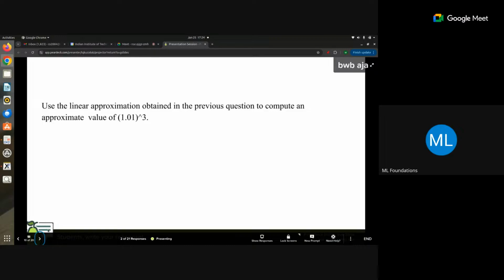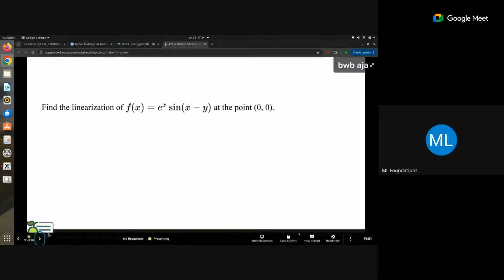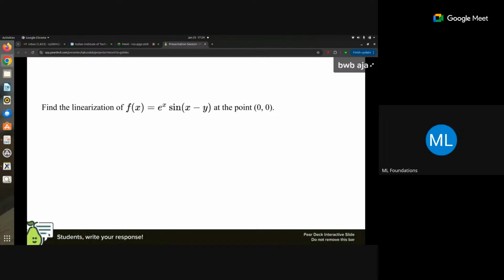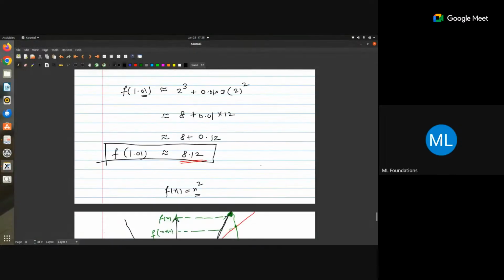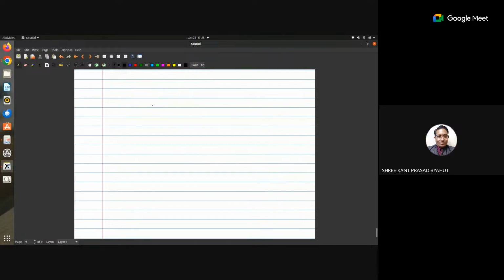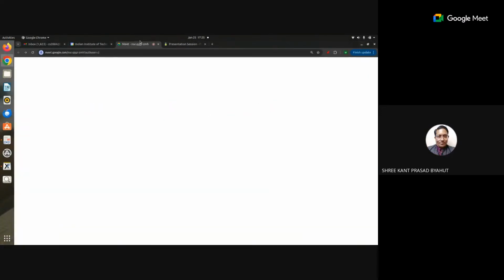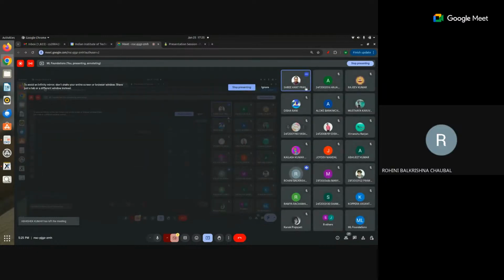Okay, let's move ahead. We have done this. Find the linearization of f of x equal to e to the power x sine of x minus y at the point 0, 0. So in this question, what should it be? This is two-dimensional, right? So how will this change? Partial derivative.